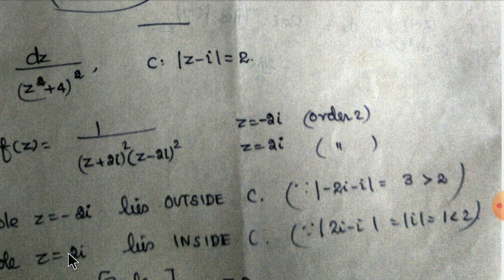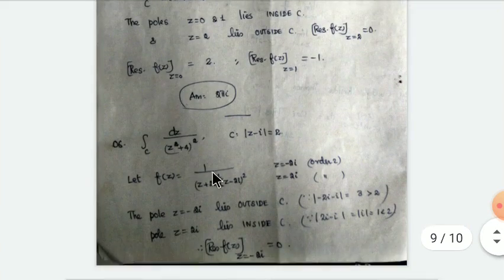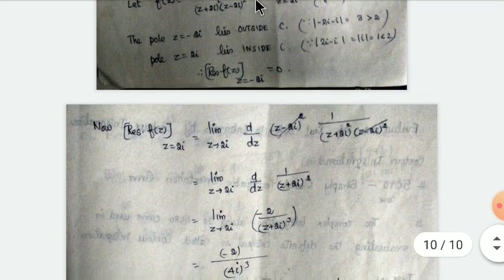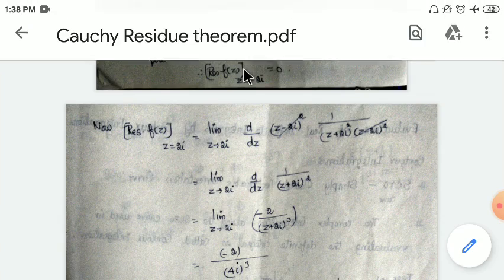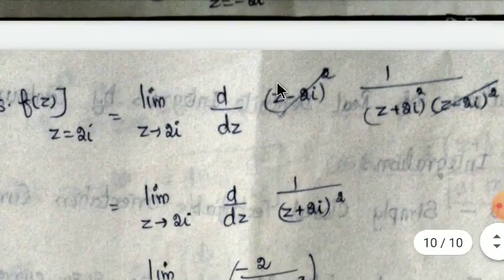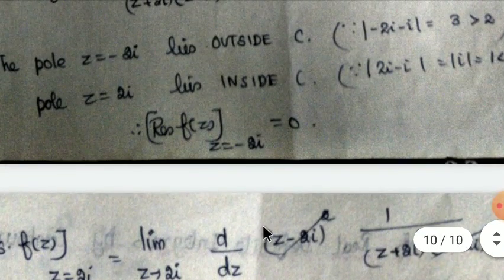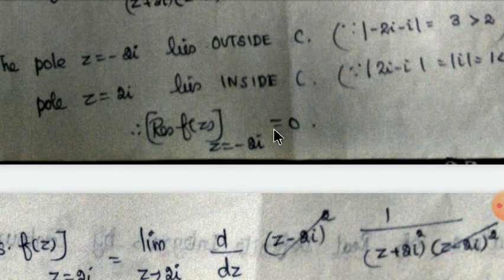When I substitute z equal to plus 2i, 2i minus i is i. So the answer is 1, which is less than 2. So this lies inside. So one pole lies outside, one pole lies inside. Clear? For the outside pole, the residue value is 0, isn't it? Minus 2i lies outside, so it is 0.